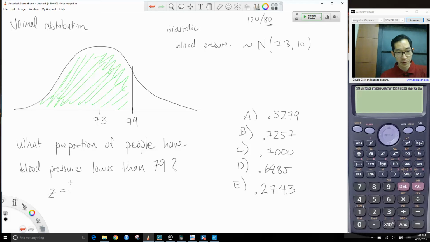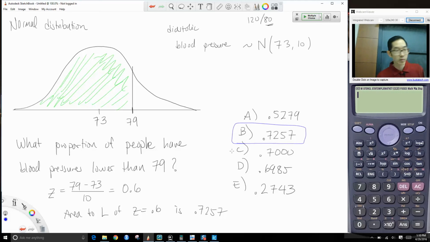So the z-score for 79 will be, okay, and then we look that up in the table, and we find the area to the left. So there's our answer.